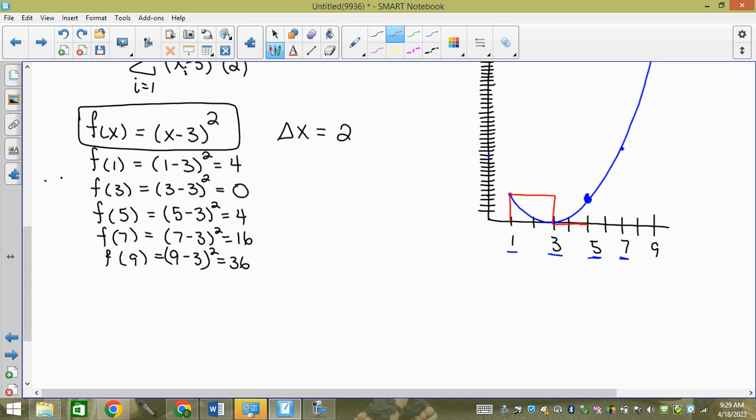It's going to go like this. Then the area of the next one, I'm going to go here, over, down. And the next one, here, over, down. So am I overestimating or underestimating on this one? Under. So this would be my area 1, this would be my area 2, pretend it's the line, area 3, area 4.